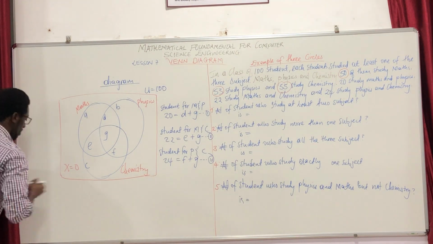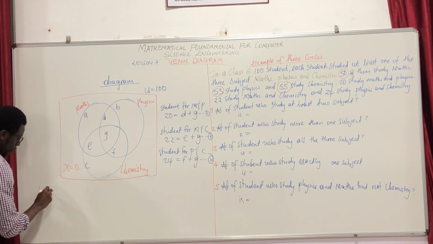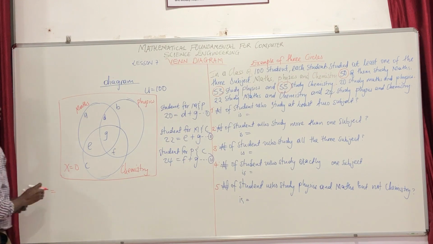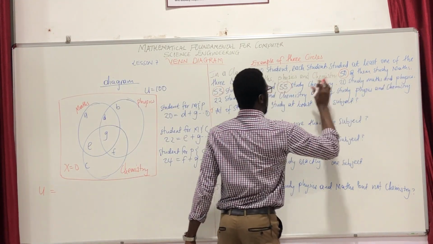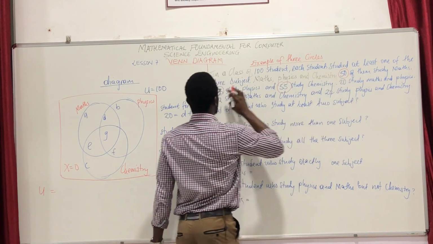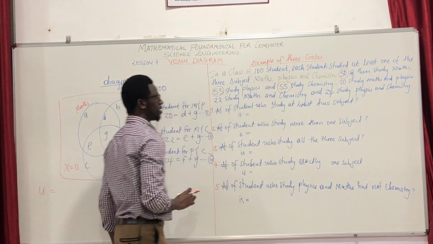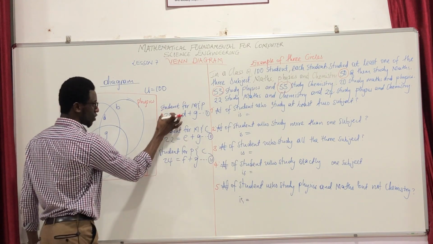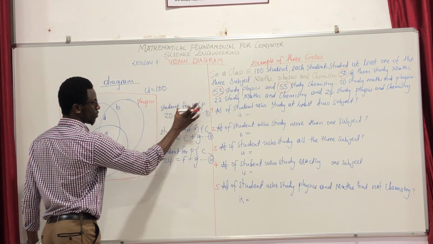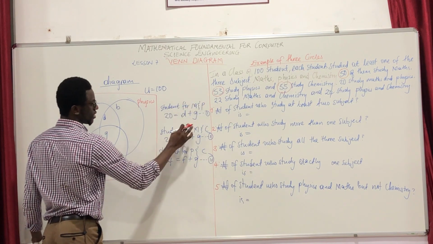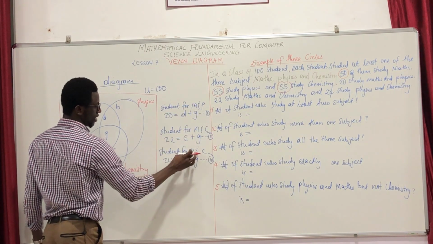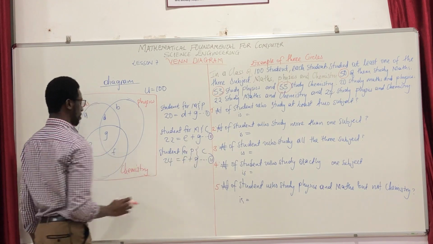So now let's see, our universal set here, U, must be equal to, so now we add all these sets, these variables here, we add A, B, and C, then we subtract the intersections of the subjects, where we have math and physics, math and chemistry, and physics and chemistry.